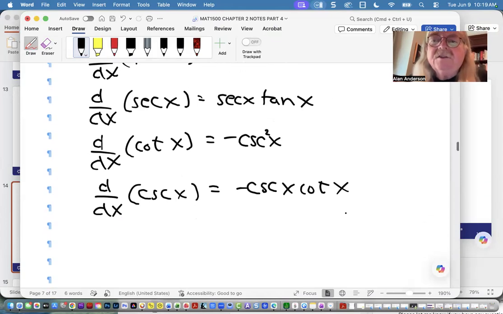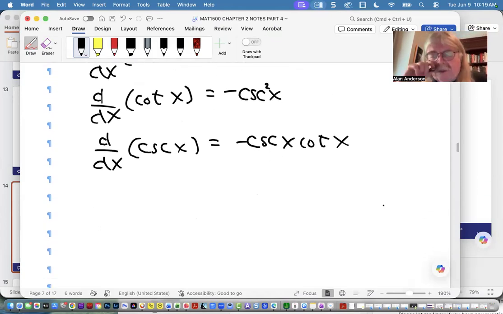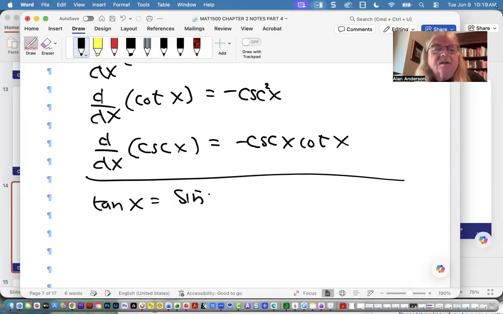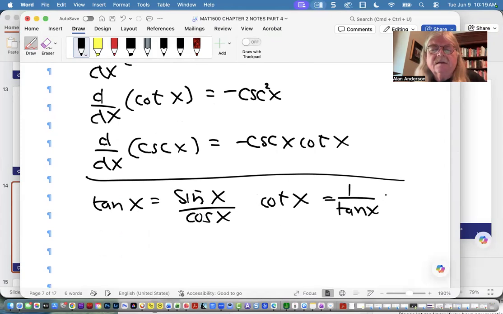Now, one thing you should also memorize, don't forget the basic relationships between these. This will help you out tremendously as you go along. If you remember, for example, that the tangent of x is the ratio of the sine to the cosine, the cotangent of x is the inverse of that.